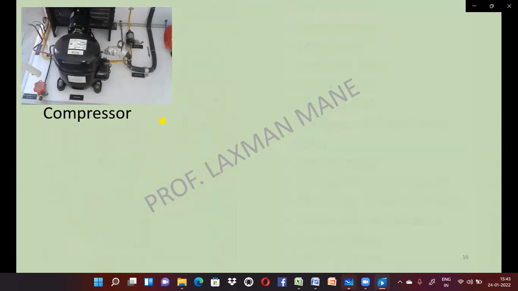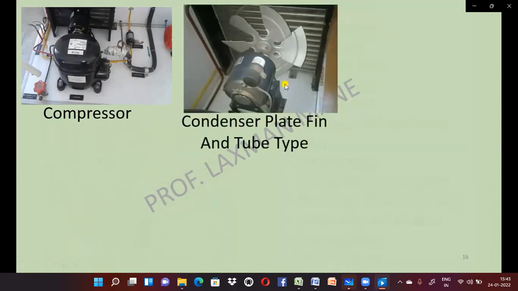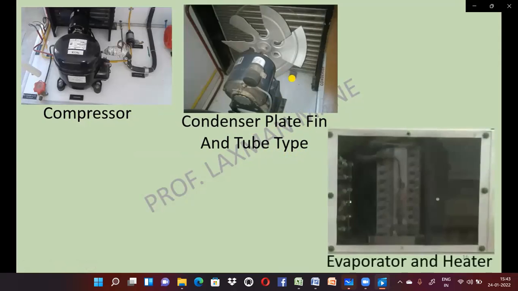Such hot vapor refrigerant passes to the condenser, where heat from the refrigerant is rejected to the atmosphere and the refrigerant is condensed. Here is a condenser of plate, fin and tube type. In this, a fan is used in order to have forced convection heat transfer.